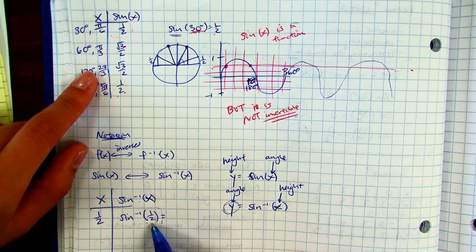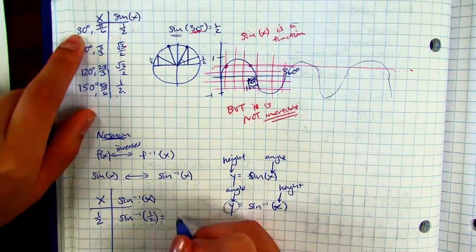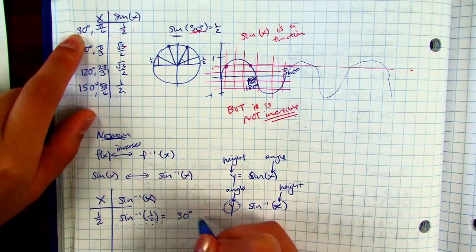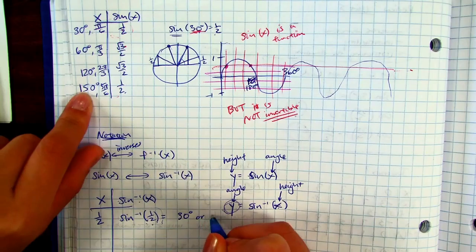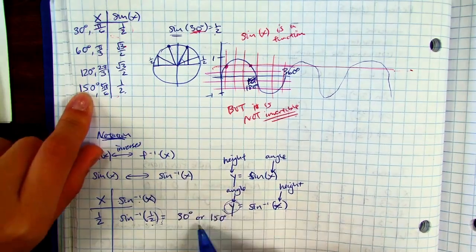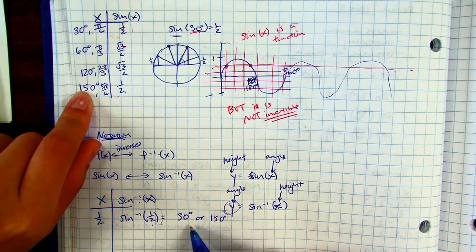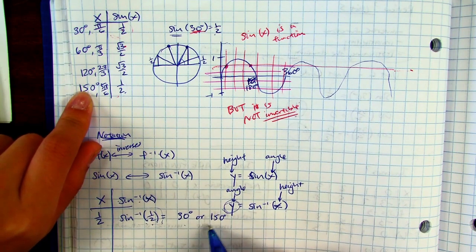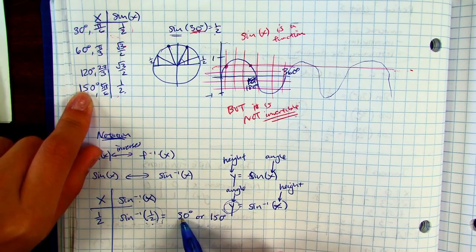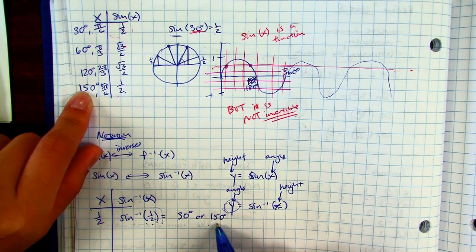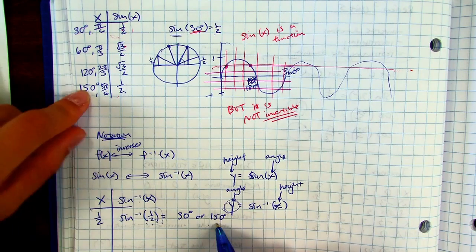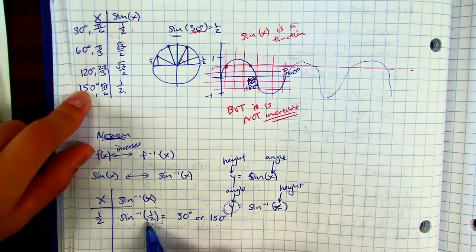And looking at the chart above, I know that it's either 30 degrees or it's 150 degrees. And knowing your coterminal angles, you know that there are an infinite number of degrees that I can put here. I can put 30 plus 360, 30 minus 360, 150 plus 360, 150 minus 360. All of those are angles that give me a height of 1/2.